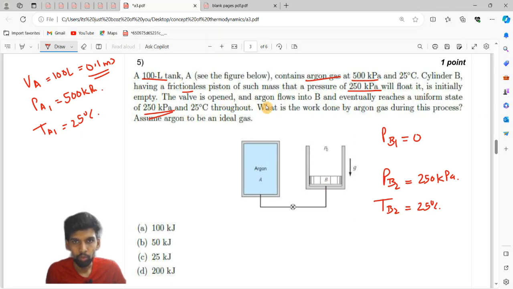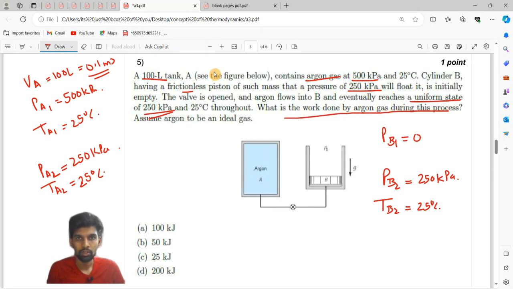The valve is open and argon flows into B, eventually reaching a uniform state of 250 kPa. So PA2 is also 250 kPa, because they have mentioned we eventually get a uniform state in both tanks. And TA2 is 25 degrees Celsius, same for both. So what is the work done by the argon gas during the process?